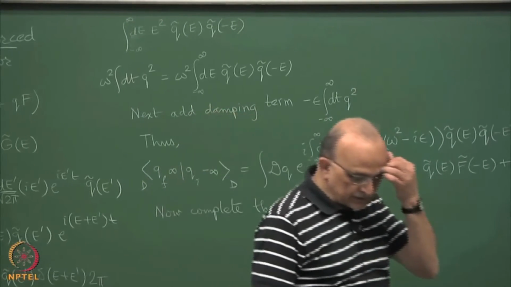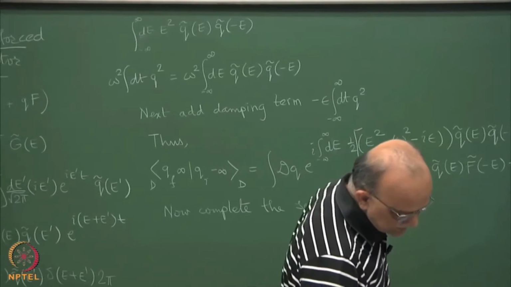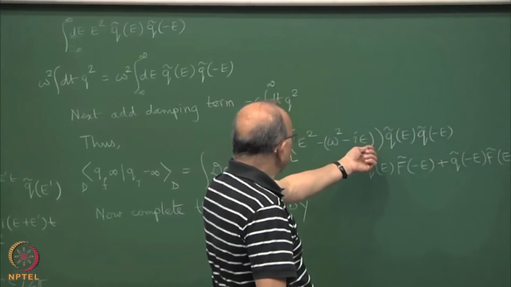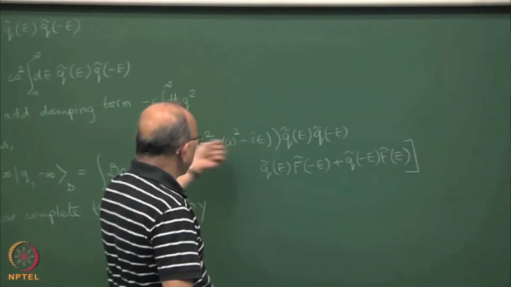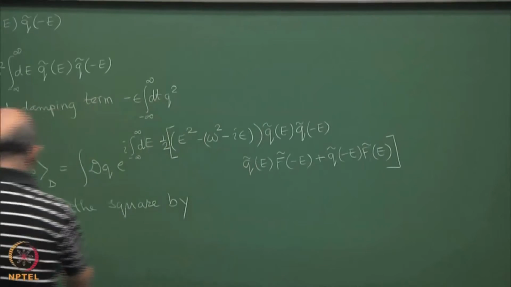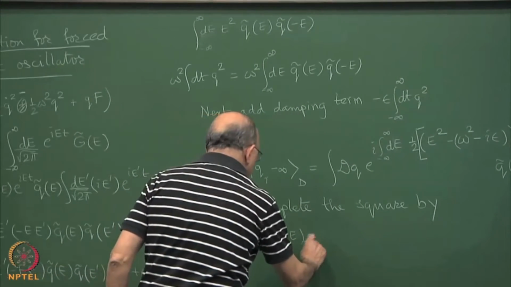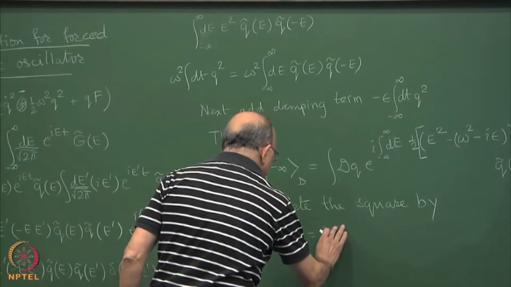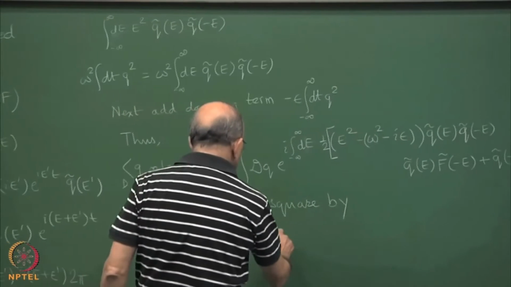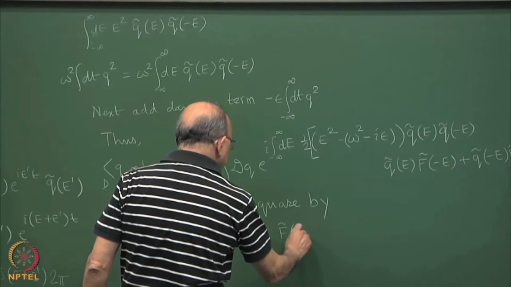By choosing q tilde E to be equal to small q tilde divided by, right, so we have this in front, you pull this out, it will go below these, so you need, let us fix what this has to be.